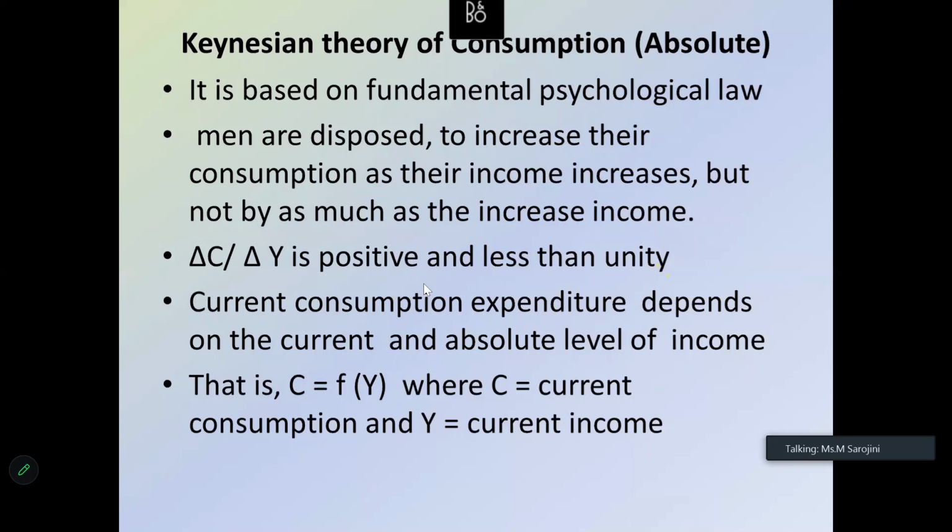But not by as much as the increase in income. What does that mean? This Keynesian theory is the basis for the consumption function. Previously, we discussed the APC and MPC; those concepts come from the Keynesian theory of consumption, which is also explained based on the psychological law.